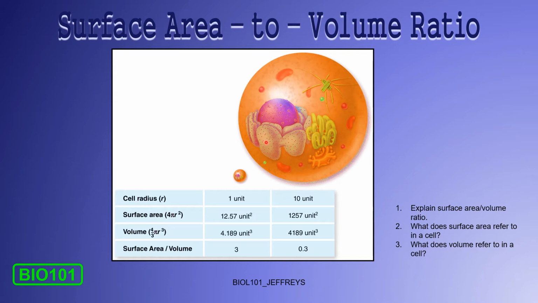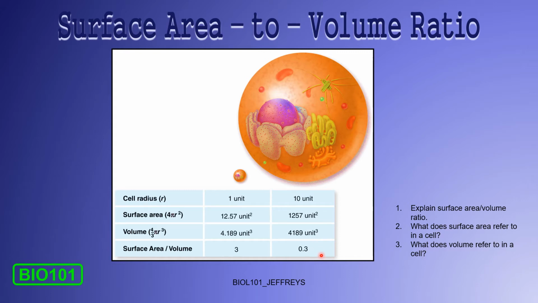So if we raise the radius 10 times, look what happens to the surface area. The surface area definitely increases to 1257 square units. The volume increases as well dramatically, 4189 cubic units, but when you compare the surface area and volume via the surface area to volume ratio, look what happens.